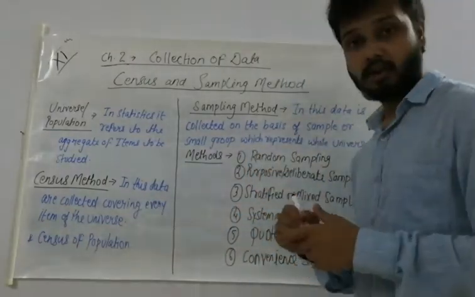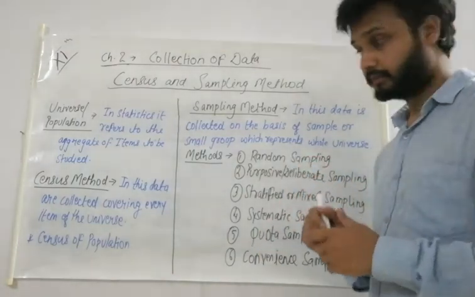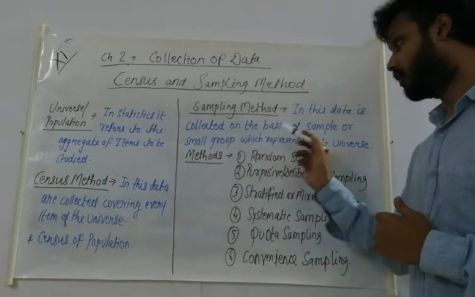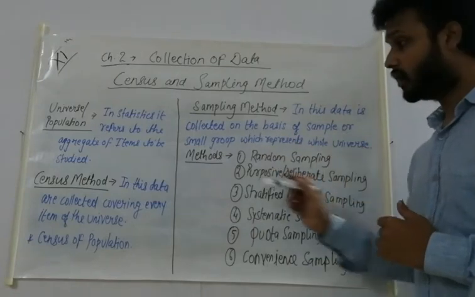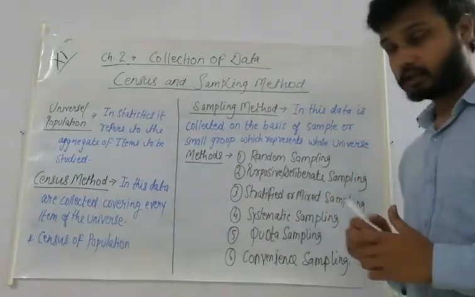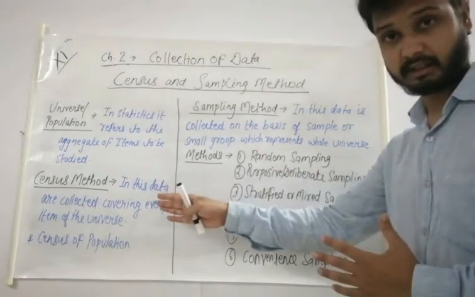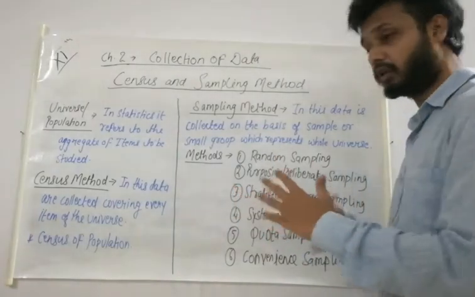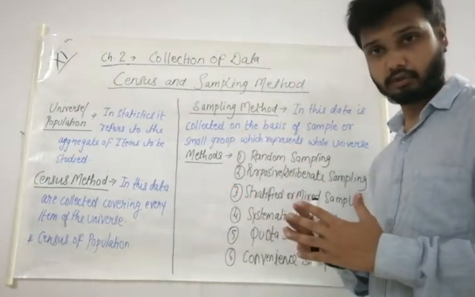Now we will see what is sampling method. The second one is sampling. In this, data is collected on the basis of a sample or a small group which represents the whole universe. So unlike census method, here we will not go to each and every person or cover all the items of the universe.